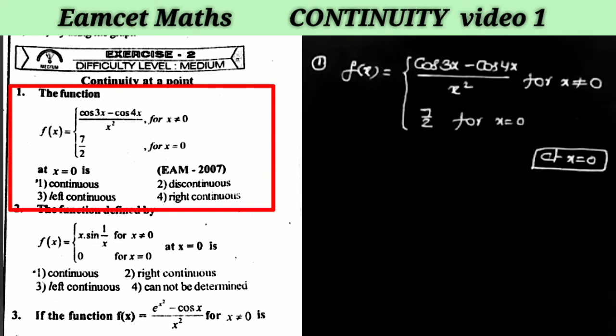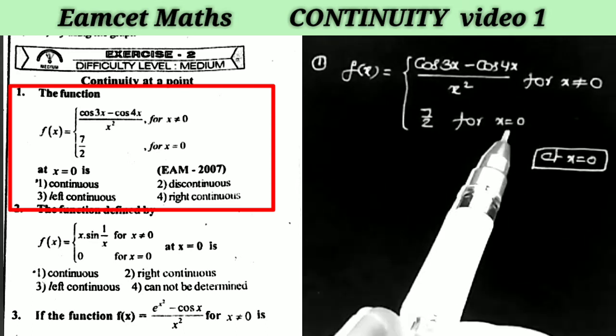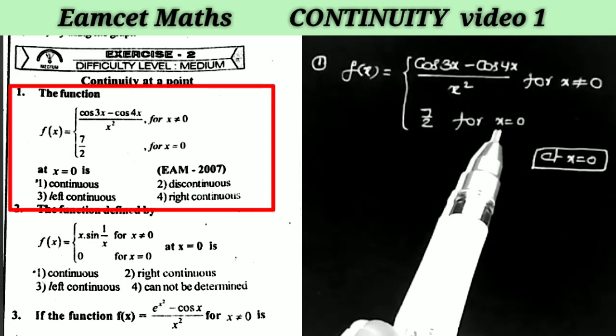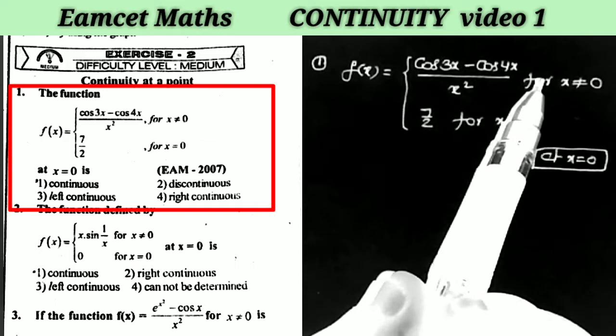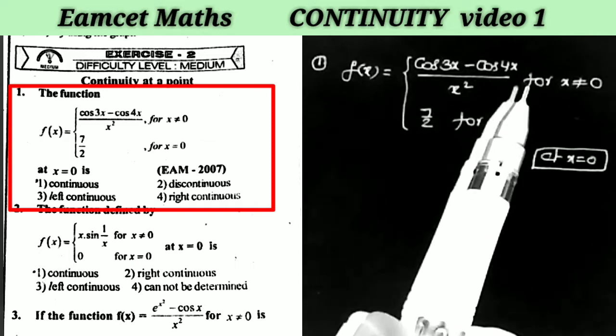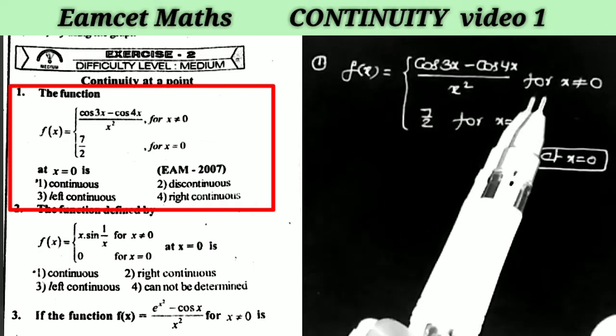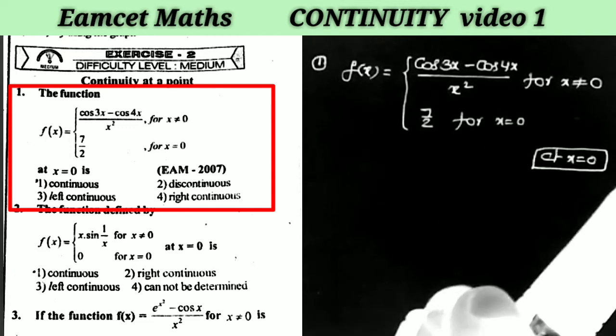Now to check the left continuity or right continuity, we want the conditions x less than 0, x greater than 0 in the given question. But those conditions are not given. So it is enough to check whether it is continuous or discontinuous.